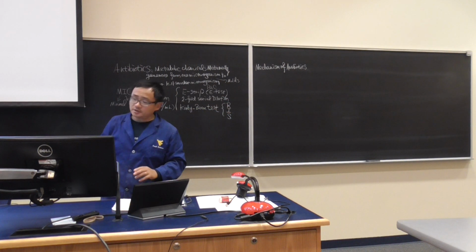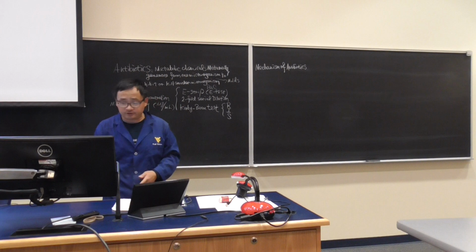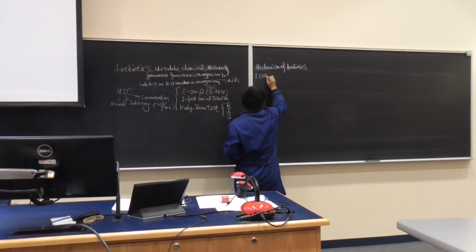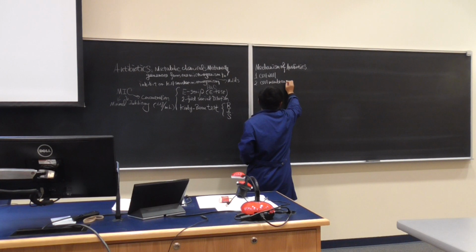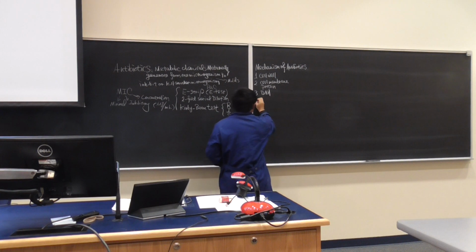So first of all, this slide tells you very simply the 5 targets of antibacterial mechanisms. Number 1 is the cell wall. Number 2 is the cell membrane system. Now, very specifically, they focus on the protein area. Number 3 could be the DNA, the genetic information.